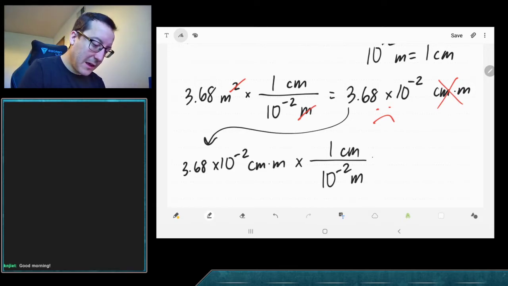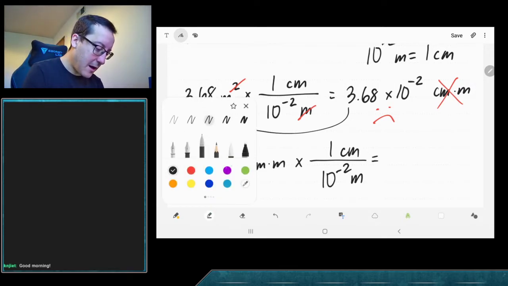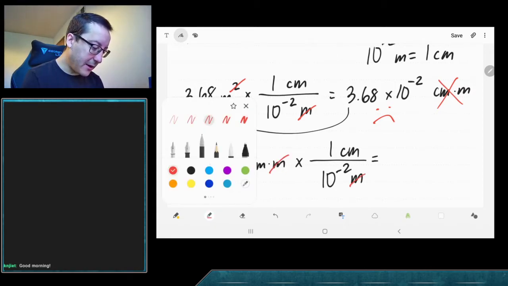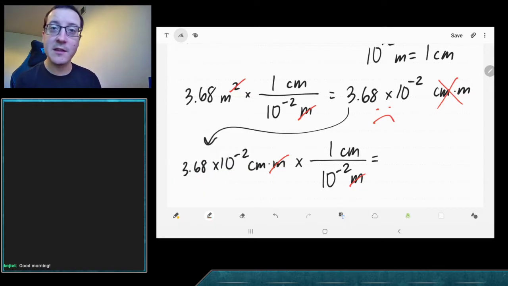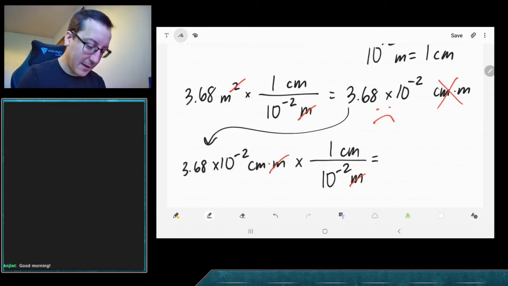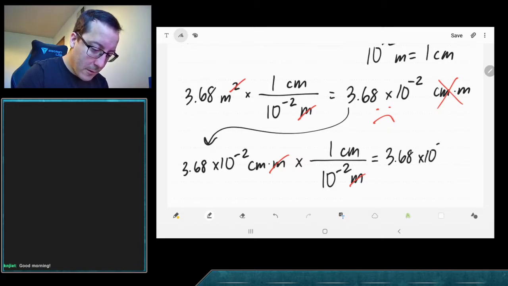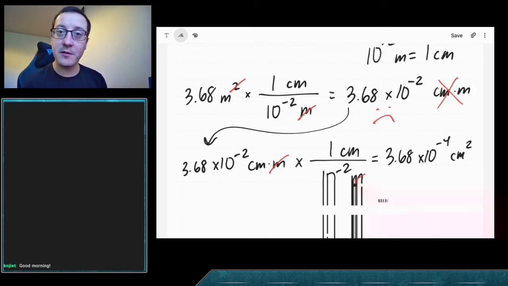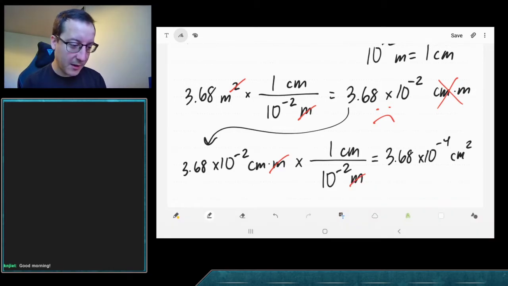And by doing this, now, there we go. Now all of our meters have finally canceled out. And we know centimeters times centimeters should be centimeters squared, right? That's how the unit multiplication works. And so doing this, we're able to solve for how many square centimeters that's going to be.